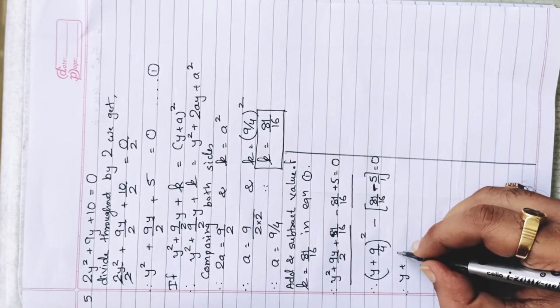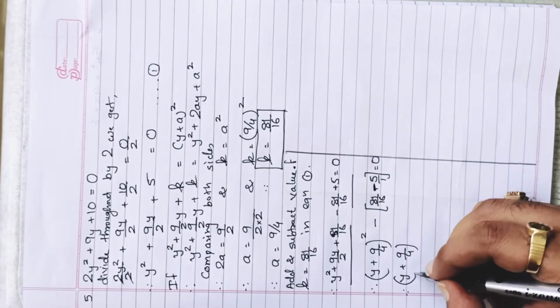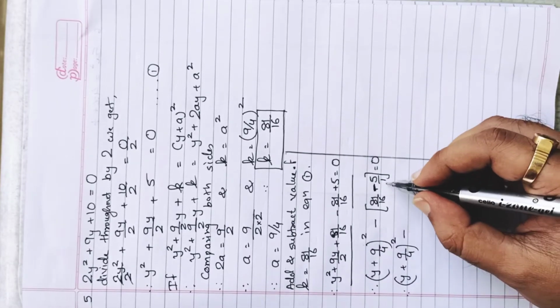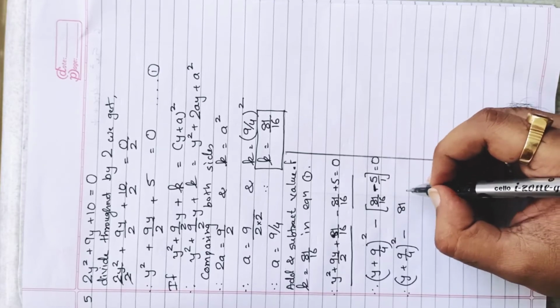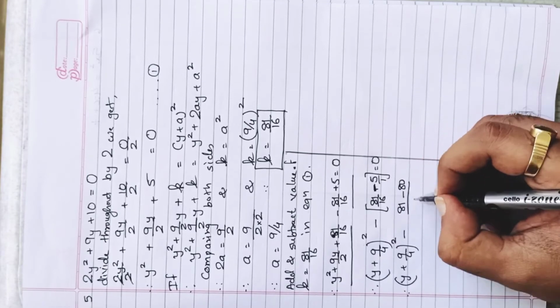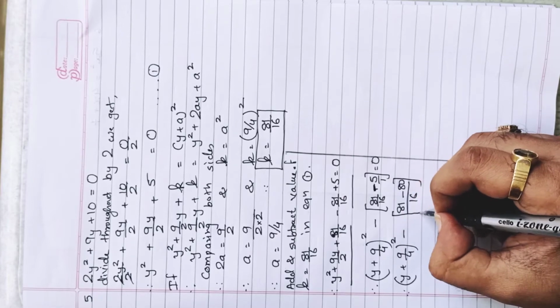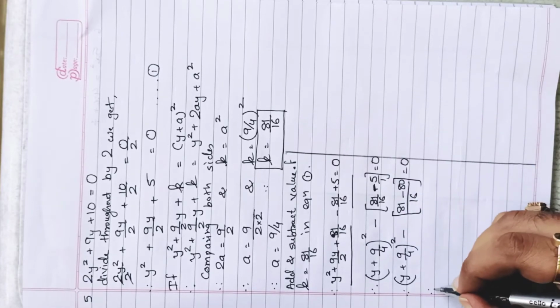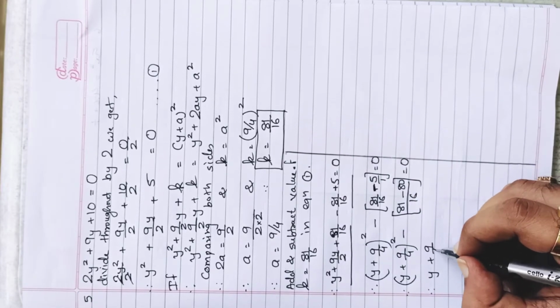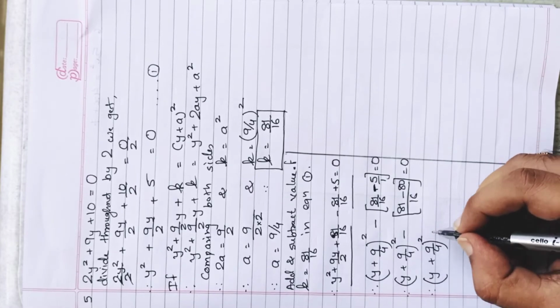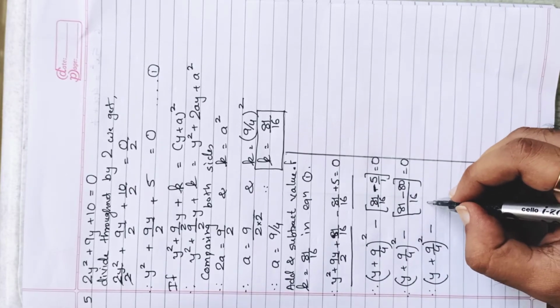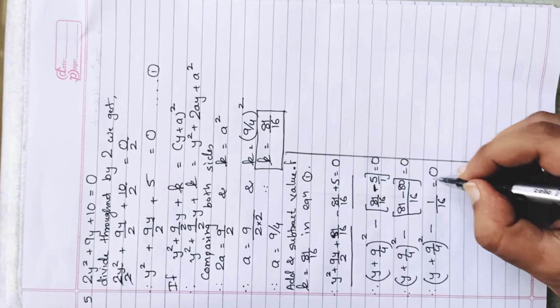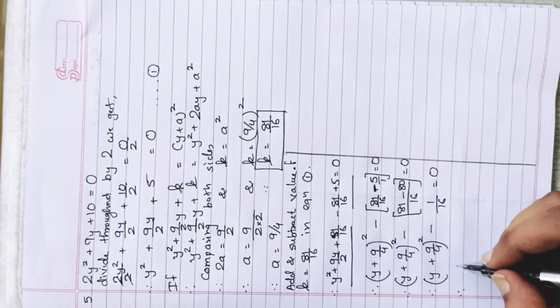So y plus 9 by 4 the whole square minus 81 ones are 81, 16 5s are 80 upon 16 equal to 0. So y plus 9 by 4 the whole square, 81 minus 80 is 1 by 16 equal to 0. Now we'll isolate it.